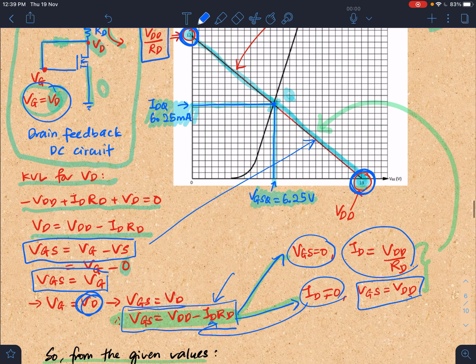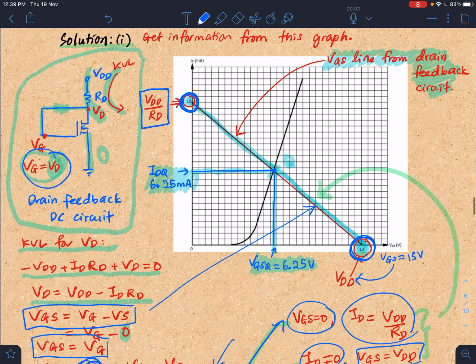So you know that VGS equal to 13 is actually VDD from the circuit, and ID equal to 12 is actually VDD divided by RD.